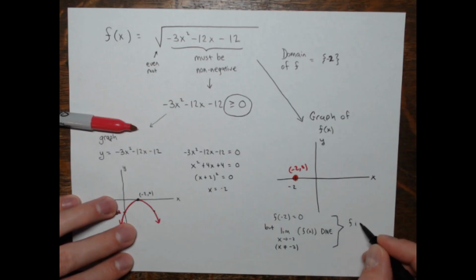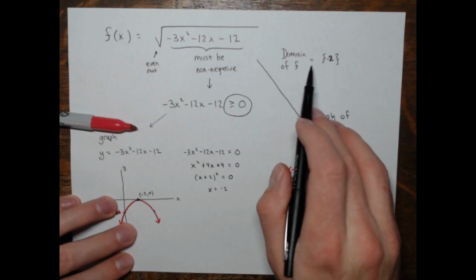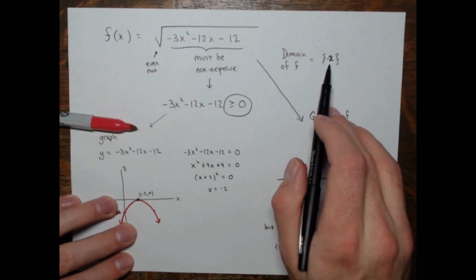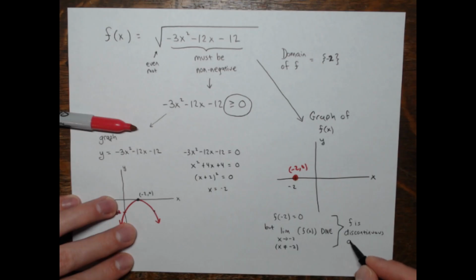So f is discontinuous also at x equals -2, right? So it's a little caveat, a little exception to the statement earlier about being continuous on the domains. If the domain has this singular value, it's not going to be continuous. Discontinuous at x equals -2.